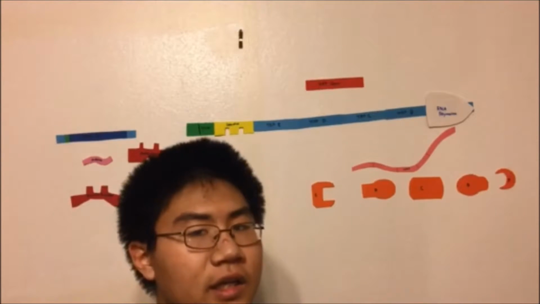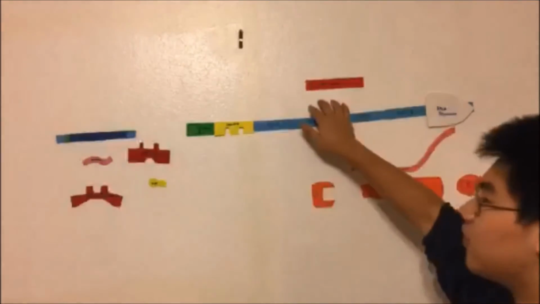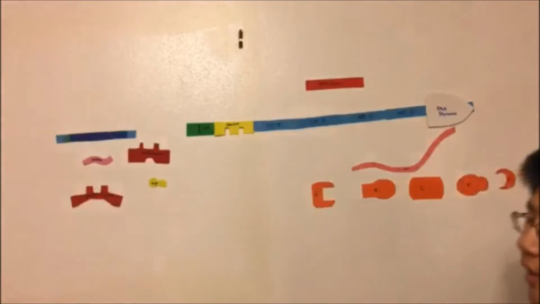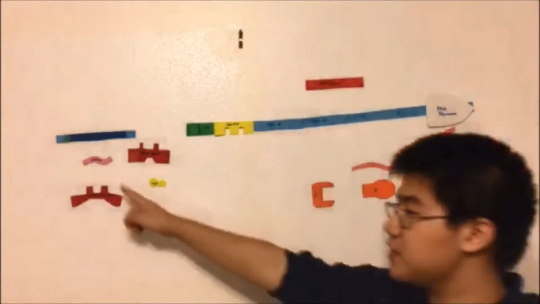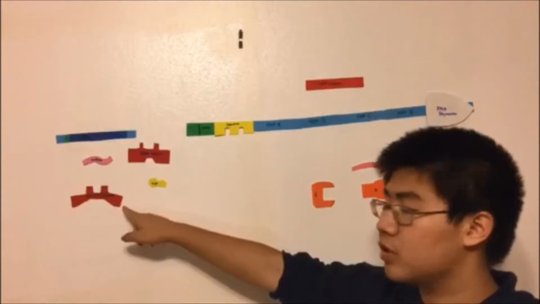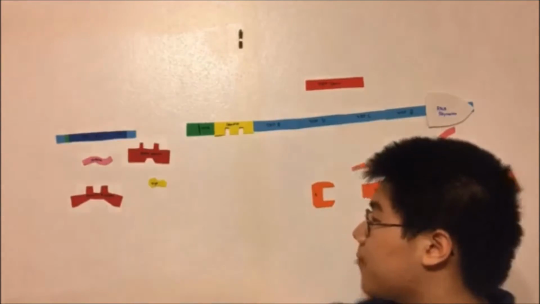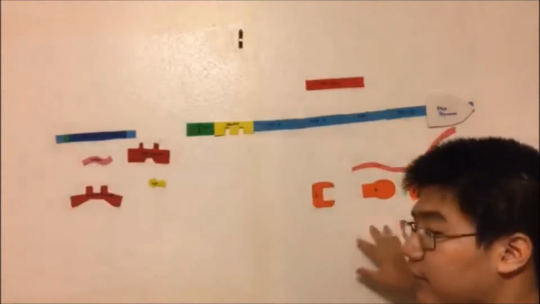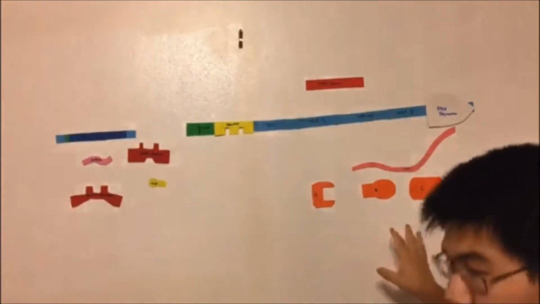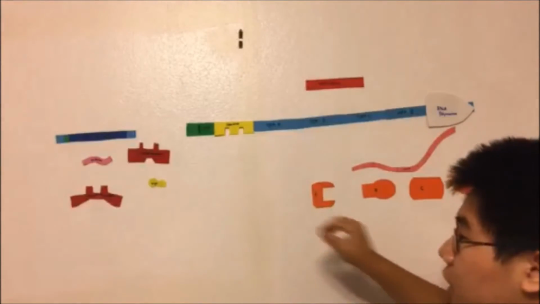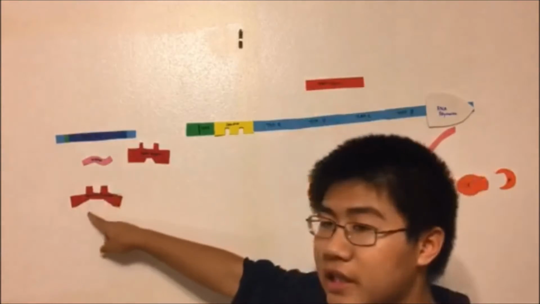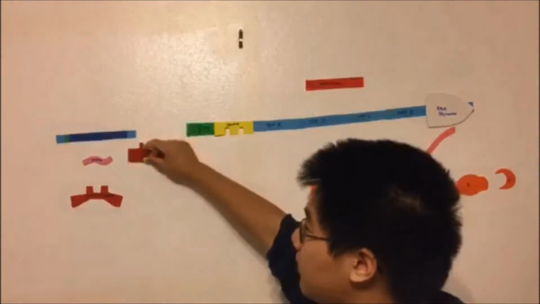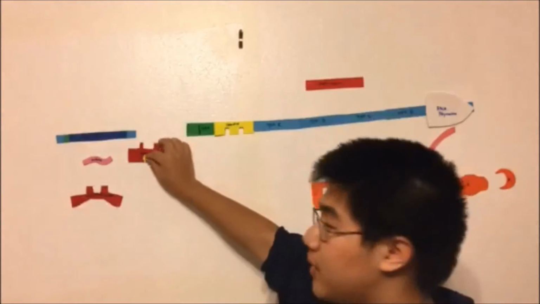Now, located upstream from the trp operon, you have a trp regulatory sequence. This regulatory sequence produces an mRNA strand, which produces an inactive repressor. When tryptophan levels are high in the cell due to the 5 polypeptide subunits, tryptophan will bind to the inactive repressor, causing the inactive repressor to change shape and become an active repressor.